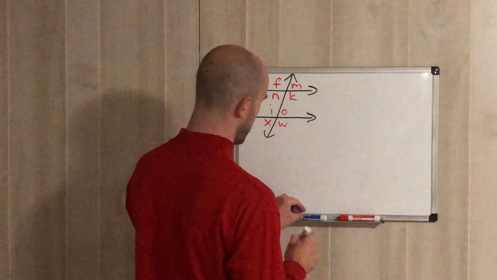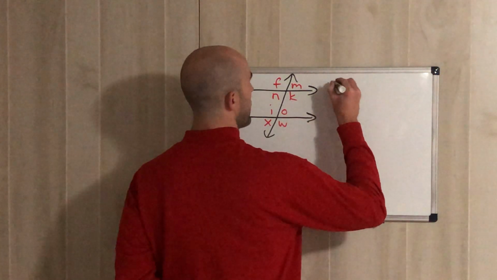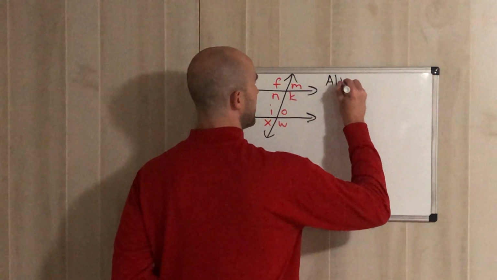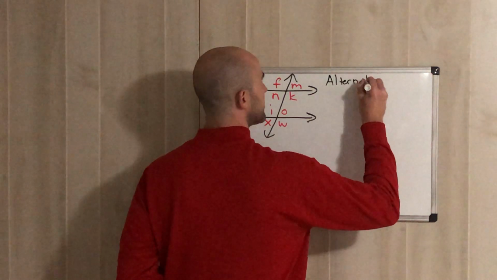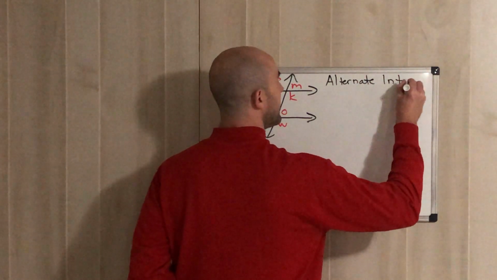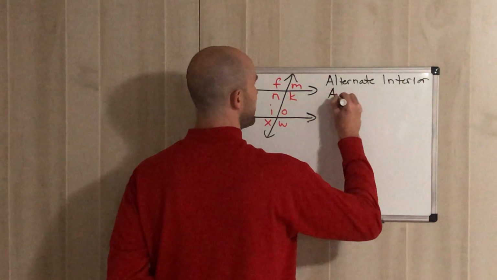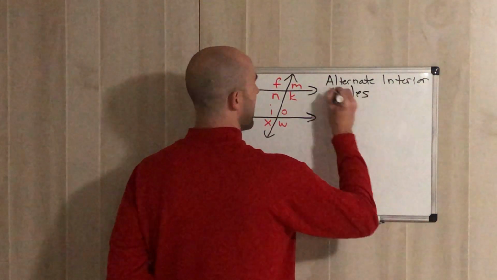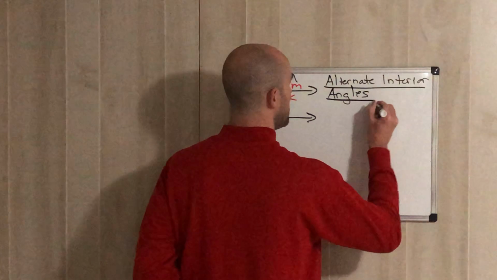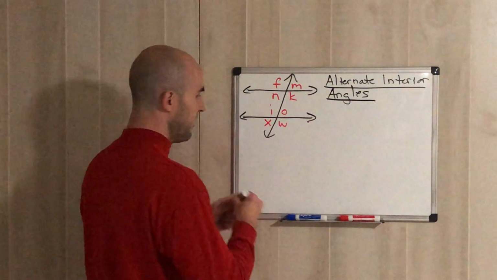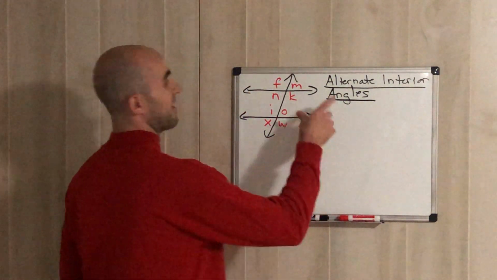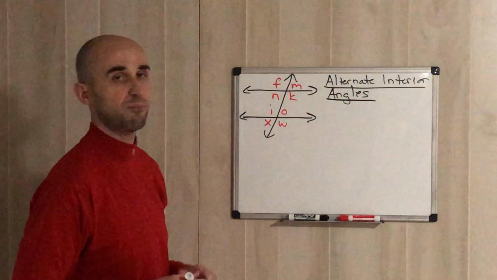Then when it comes to the other ones, we have alternate interior angles, and also alternate exterior. Alternate means they're on different sides, and interior means inside.